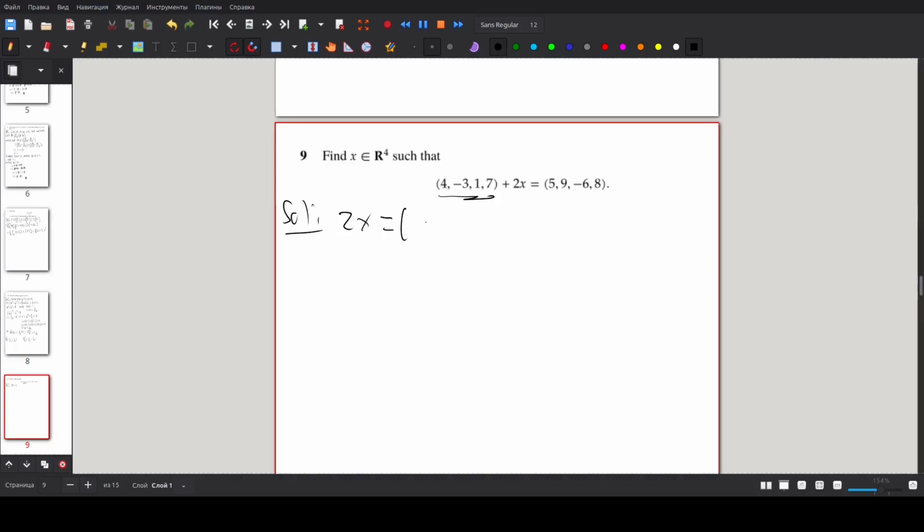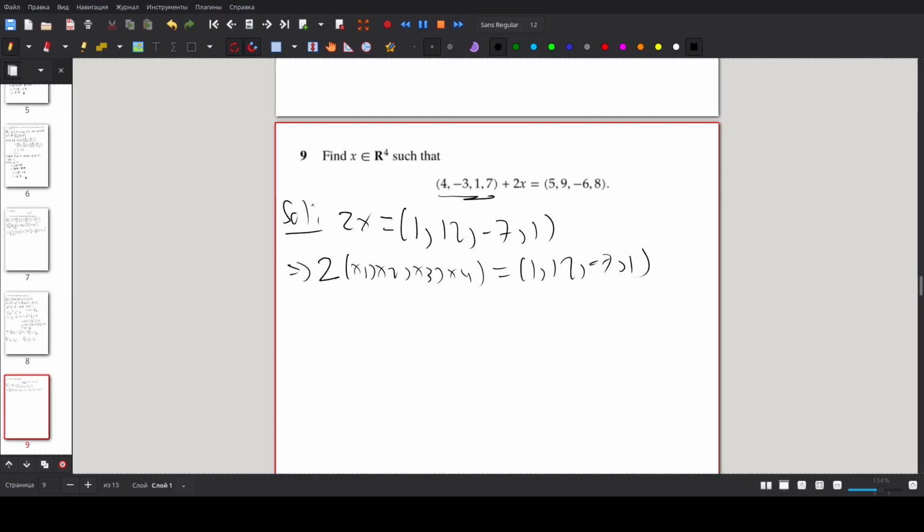So 5 minus 4 is 1, 9 plus 3 is 12, negative 6 minus 1 is negative 7, 8 minus 7 is 1. Okay, so this is a list, so this is really 2 times x1, x2, x3, x4 equals this list again, 1, 12, negative 7, 1.